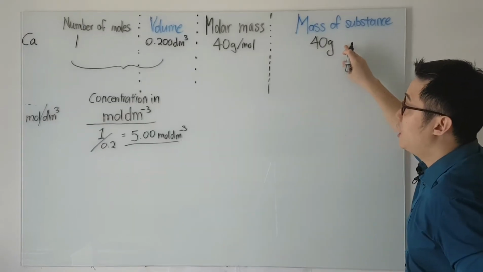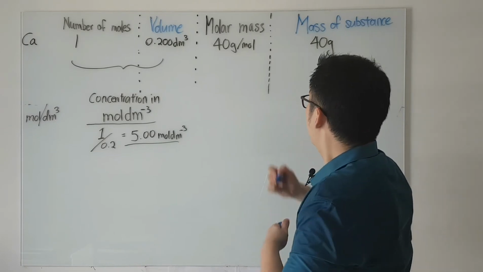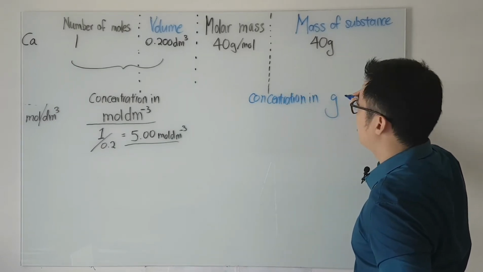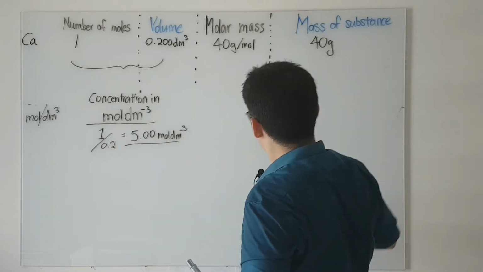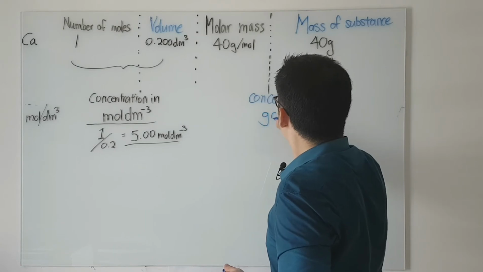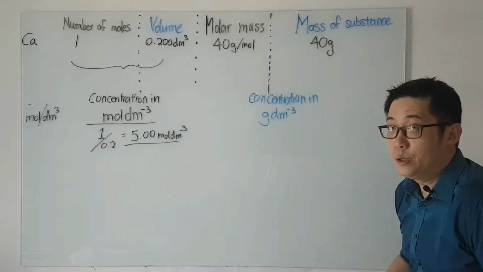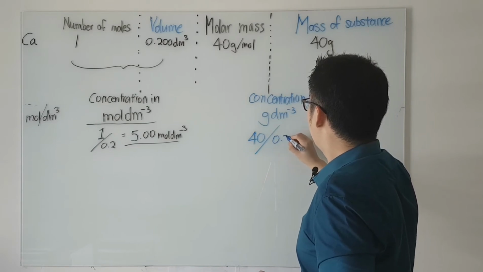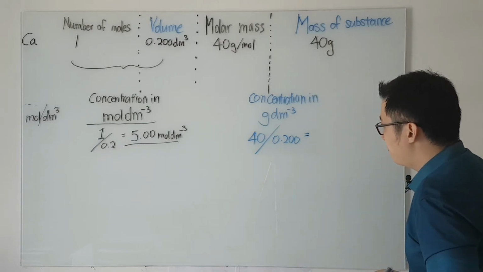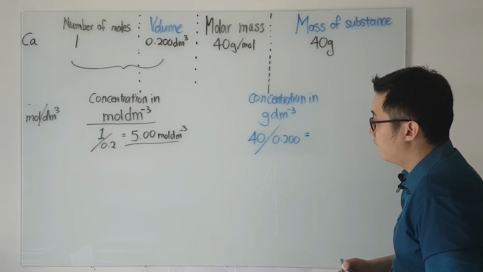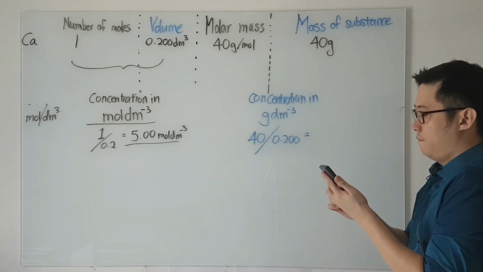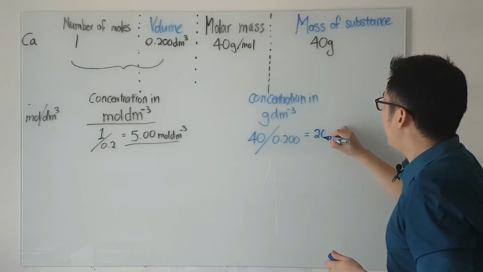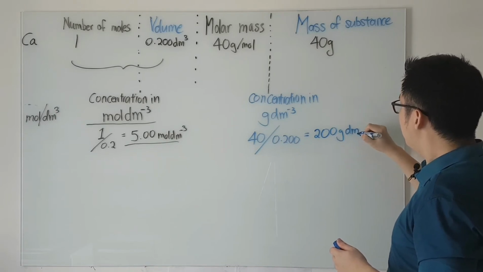Now, in order for me to obtain the concentration in grams per dm cube, all I need to do is take 40 and divide this by 0.200, and that would give me 200 grams per dm cube.